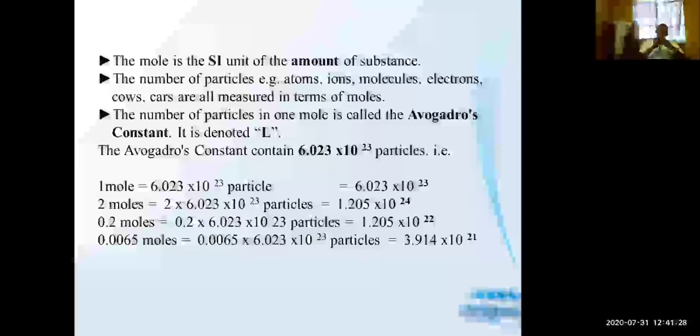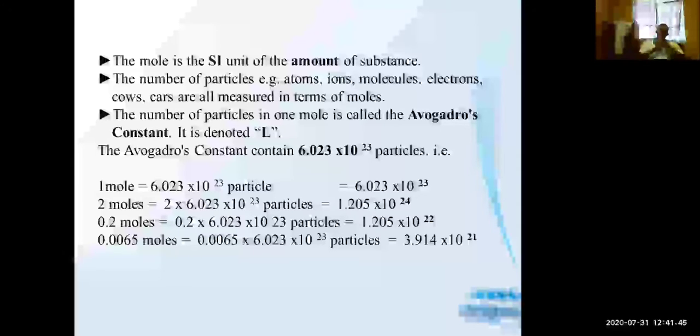So the number of particles in one mole is referred to as Avogadro's constant. To mean, it does not vary. It has a constant number of particles.